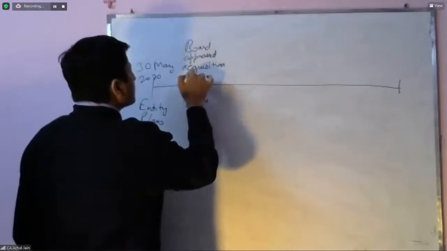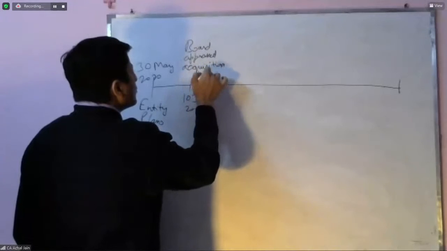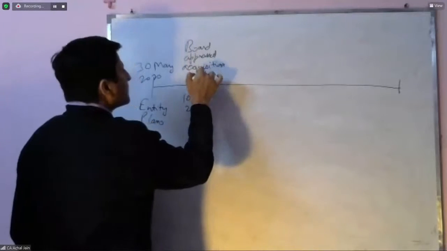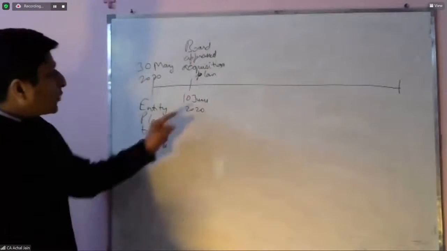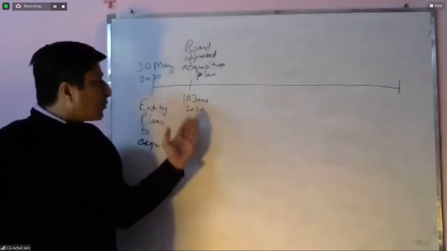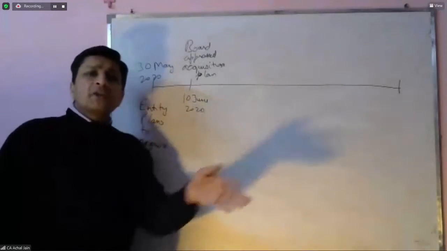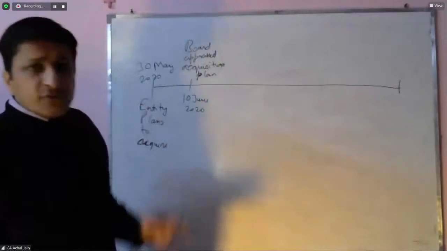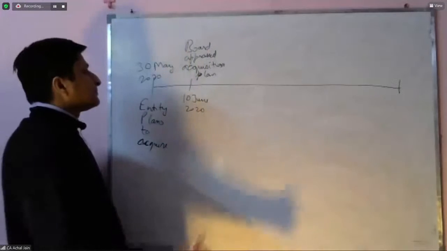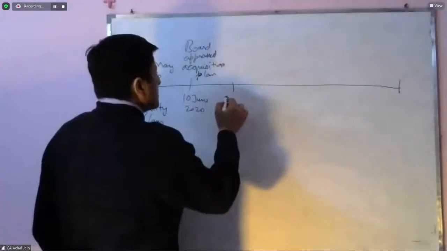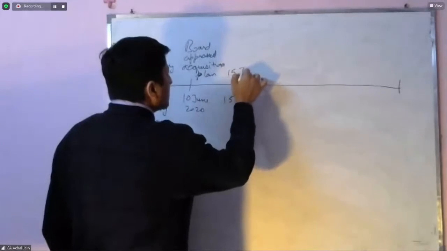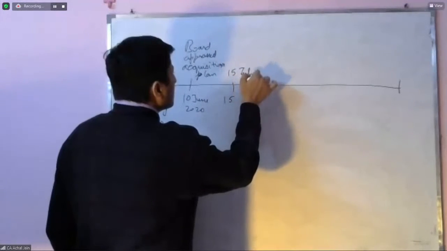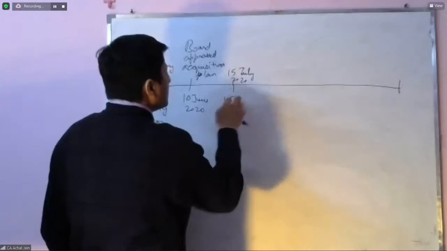Because it's a company, they will require approval of the board to acquire another company. So the board approved acquisition of another company on 10th of June. Let's suppose on 15th of July 2020.